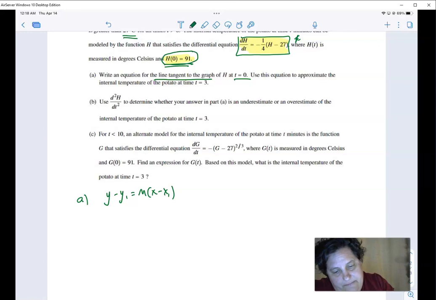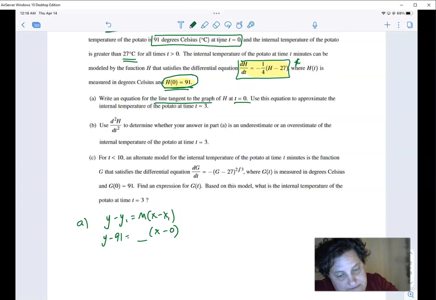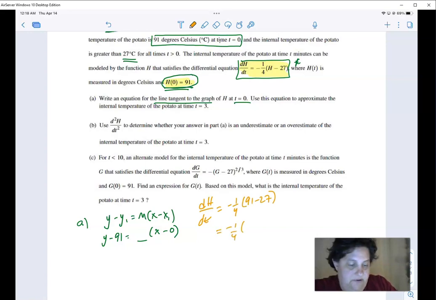We're using that. 0 is the x. 91 is the y, and we need to find the slope. Slope means derivative. So dh dt, that's the slope, is negative 1/4 h minus 27. 91 minus 27 is 64.